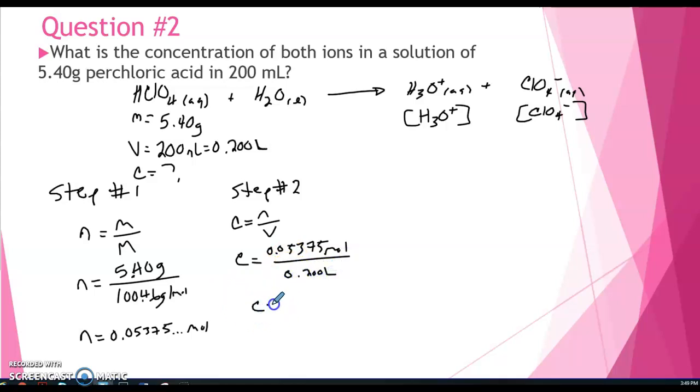And we get a concentration of 0.2687 moles per liter, and this is perchloric acid.